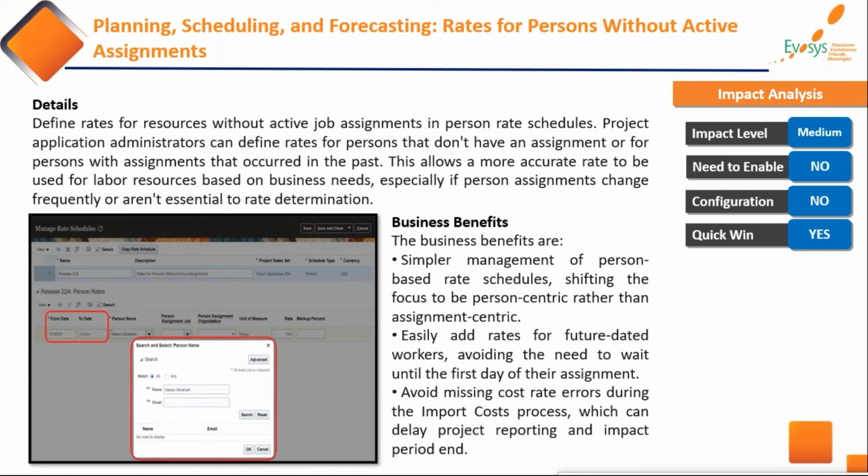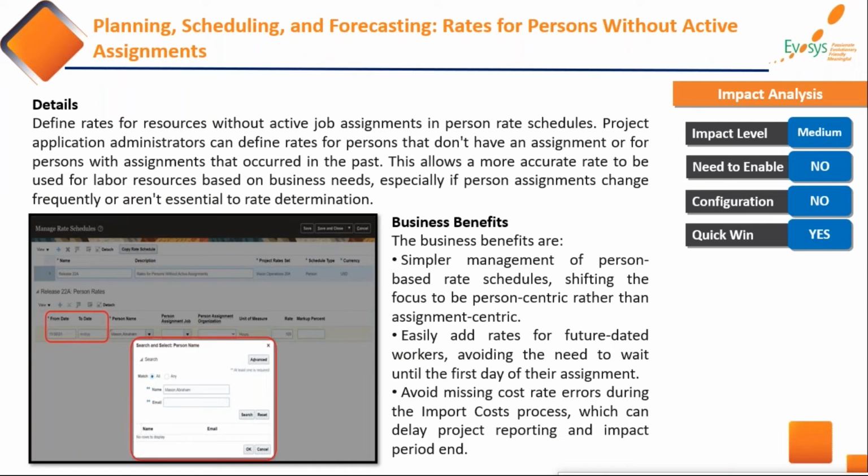Previously, if that was the case, you couldn't enter the rate of that person in the rate schedule. So there was no flexibility to plan the new workers in my project because I couldn't define the rate itself for them.